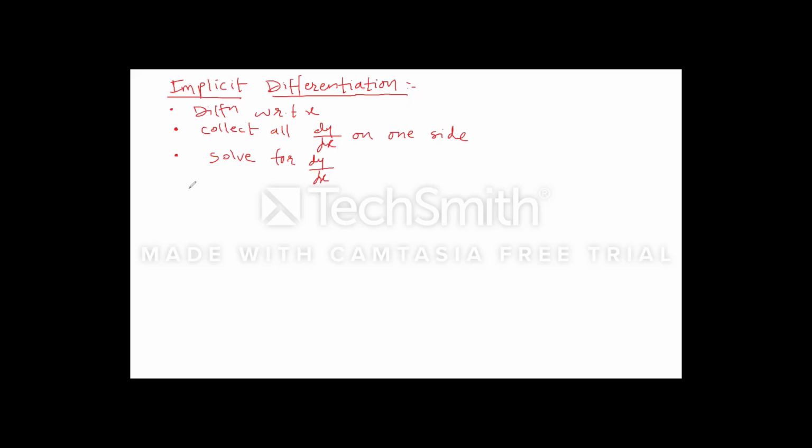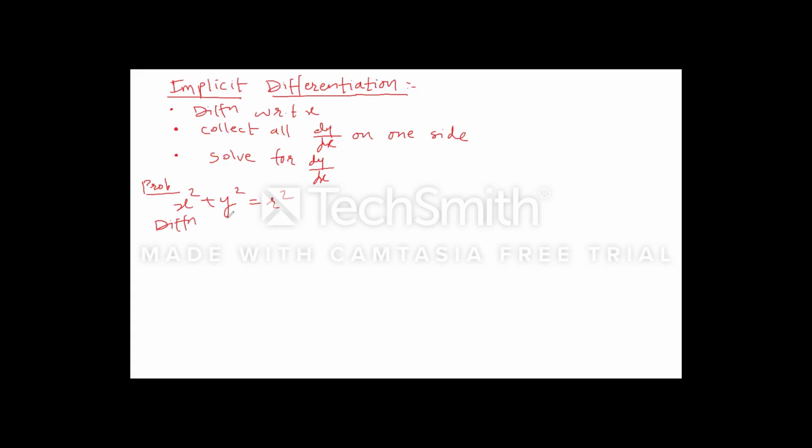Let's discuss an example. x square plus y square equals r square. This is an implicit function. First step we are going to follow: differentiate with respect to x.